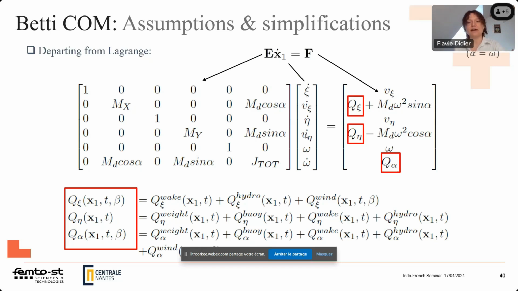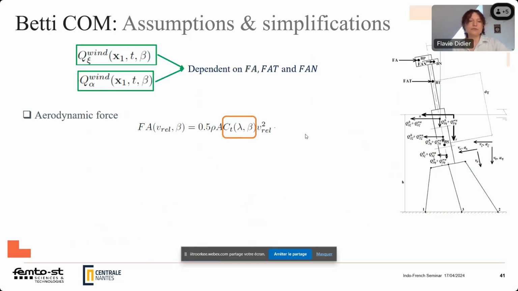So we identify where beta is appearing, and we have these three terms. In the expression of these terms, we have the Q wind epsilon and the Q wind alpha that use beta, so the command. For these two terms, we have the aerodynamic force given here, which uses the CT, the thrust coefficient, which is highly nonlinear in the command beta.